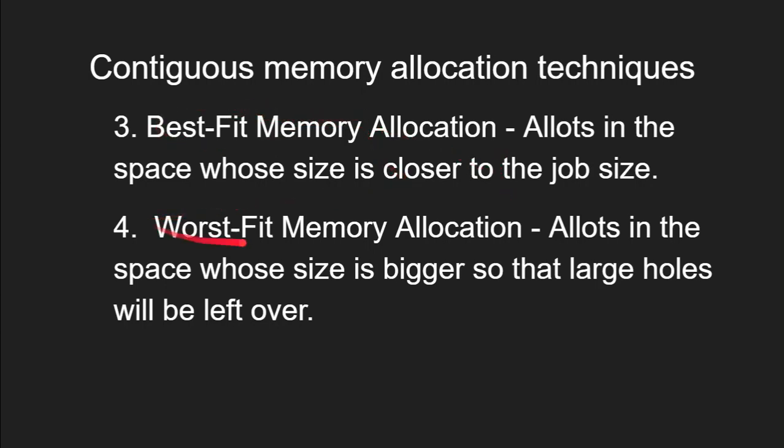Worst fit memory allocation is just the opposite of best fit, in the sense that it finds the largest memory block so that the process can be allotted. The idea behind this is that even though a process is allotted to a bigger block of memory, after the job is fit into that hole, the remaining space will also be large enough to hold some other process that comes in the future.